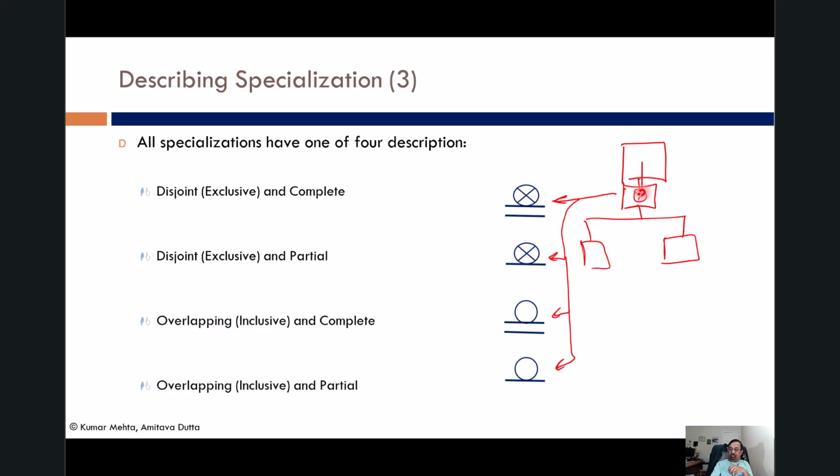Alternatively, the picture that you see in this middle over here could be a circle with an X through it and just a single horizontal bar. That means the specialization is disjoint but partial. Disjoint means if I pick an instance of the supertype, it belongs to one subtype and one subtype alone. It cannot belong to multiple subtypes.